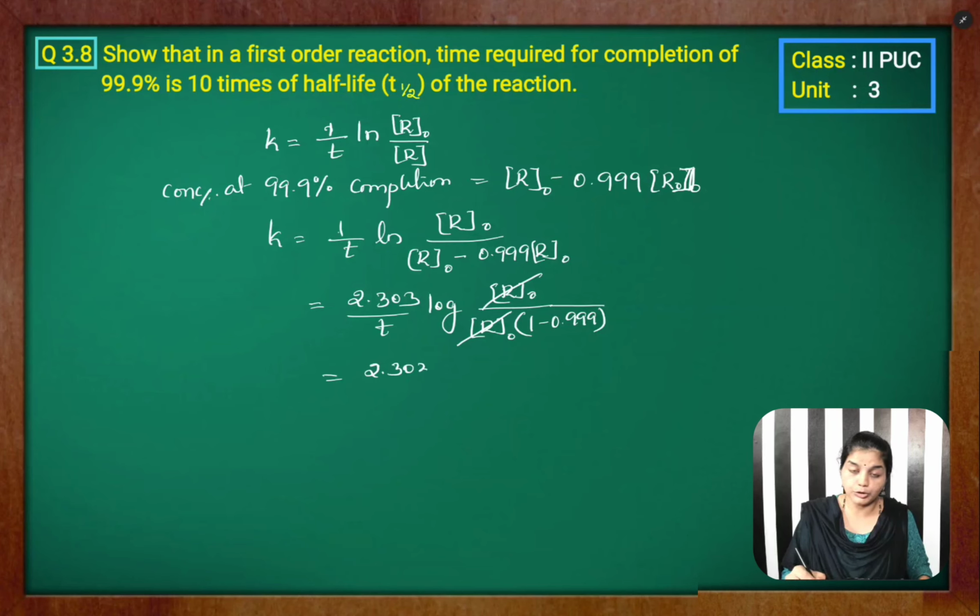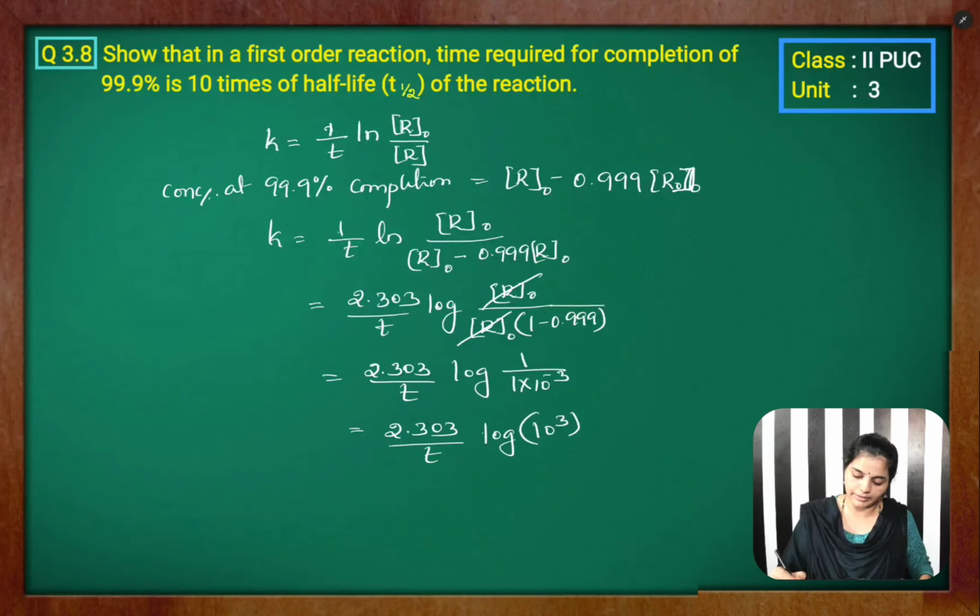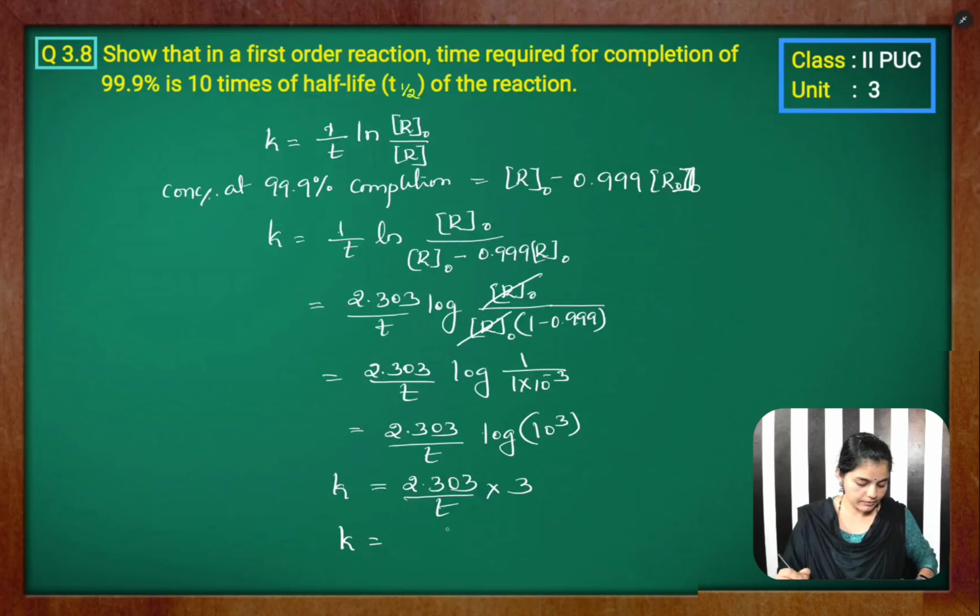So we have K is equal to 2.303 divided by t into log of 1 by 1 minus 0.999. It's 1 × 10^-3, which is equal to 2.303 divided by t into log of 10^3. The log of 10^3 is 3. So we have K is equal to 2.303 × 3 divided by t, that is 6.909 divided by t.